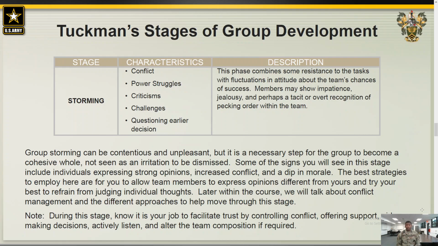You'll see a lot of fluctuations in attitudes all around. Some people may show impatience, right? But this storming stage is a very critical stage because with the storming stage, you also find out a lot about the personnel that you're going to be dealing with for some period of time.